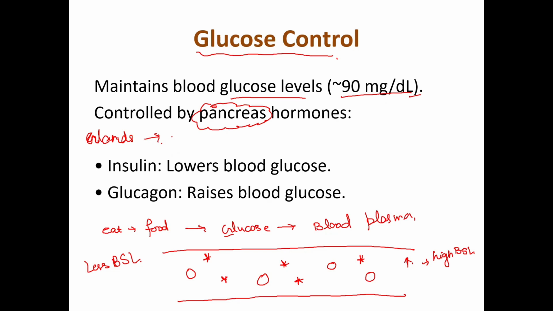So a gland is a kind of organ which makes hormones. The pancreas is a kind of gland which makes hormones, which act as chemical messengers. So hormones are chemical messengers that carry some message.